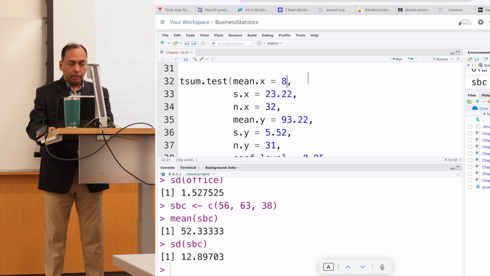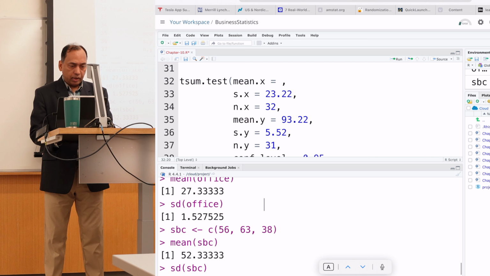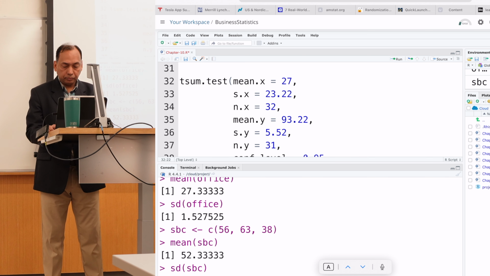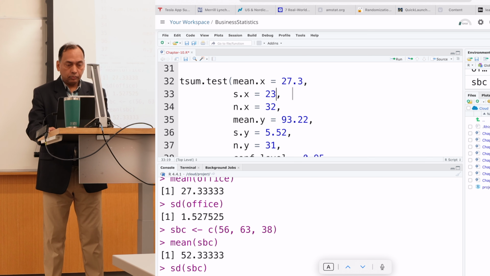So I'm just changing the means to the new ones. So x̄ is 27.3, standard deviation was 1.527, sample size 3.